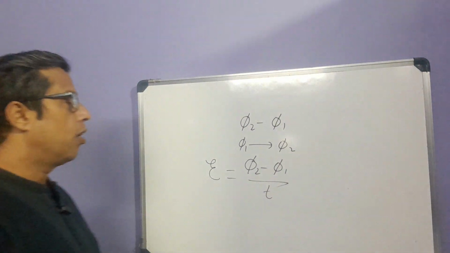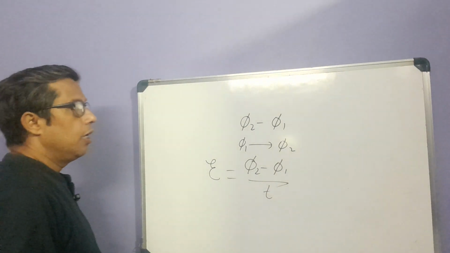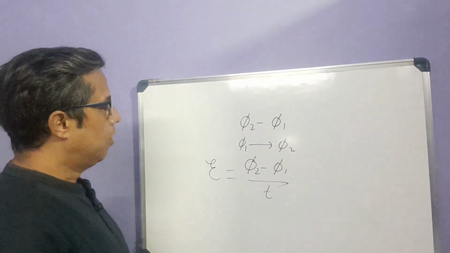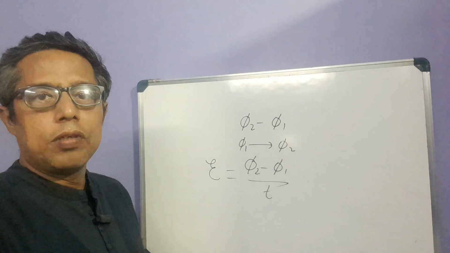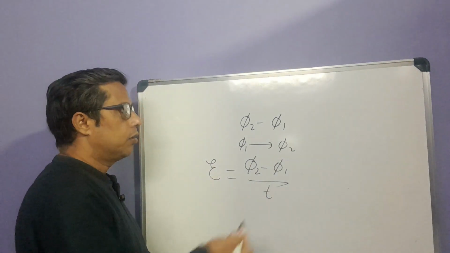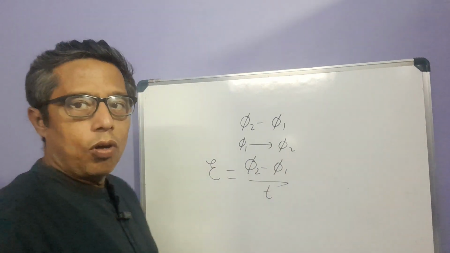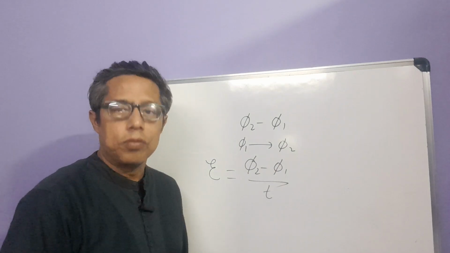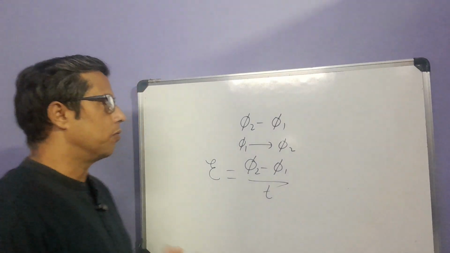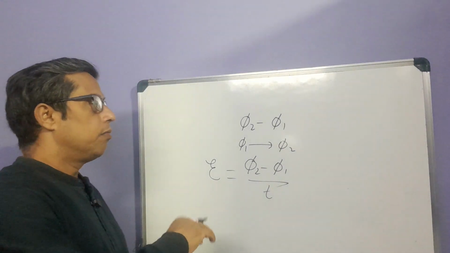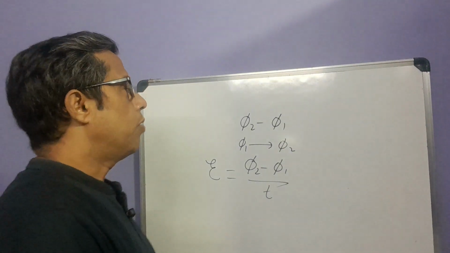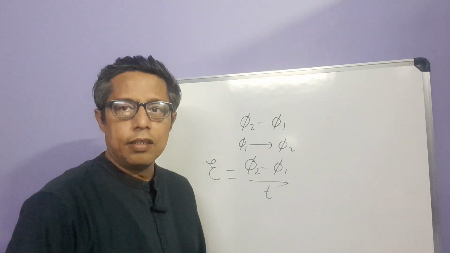Now, there is one more law, Lenz's law. What did Lenz say? He said that whenever a current is produced, this induced current will oppose the cause for which it is produced. Lenz's law basically supports the conservation of energy.